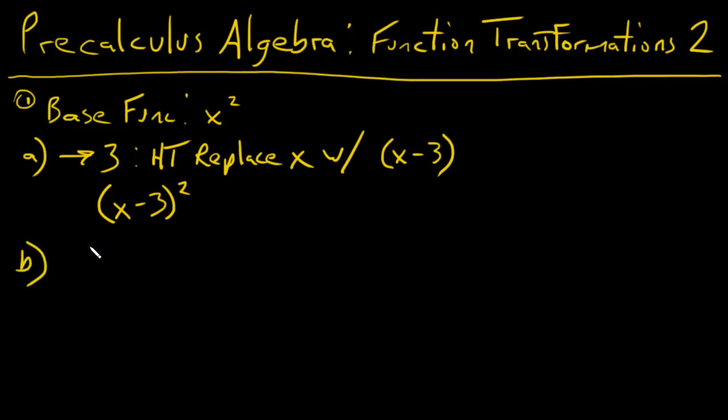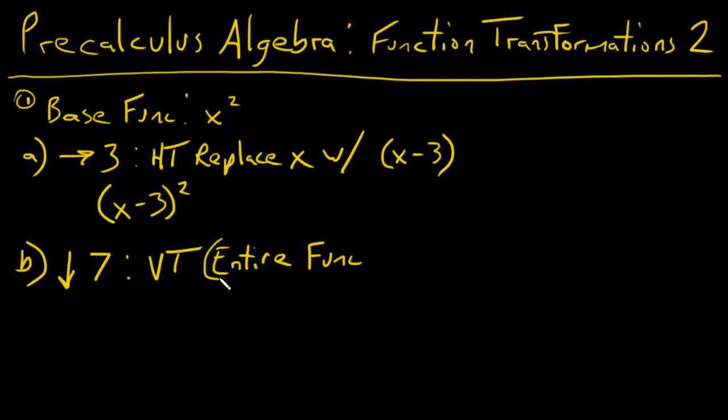For part B, let's say we want to shift it down by 7. Since this is a vertical transformation, all we do is apply the transformation to the entire function.